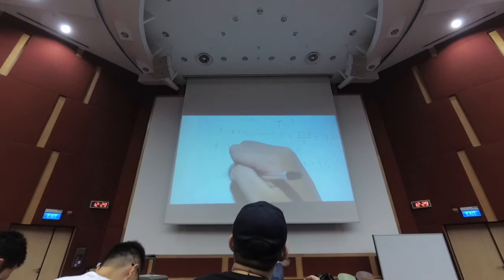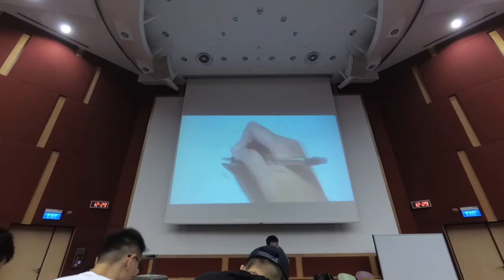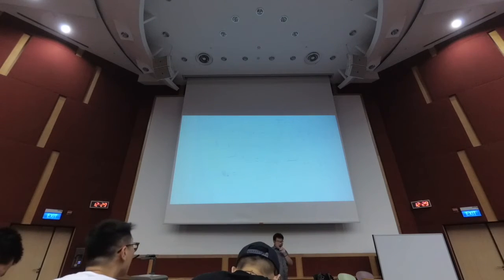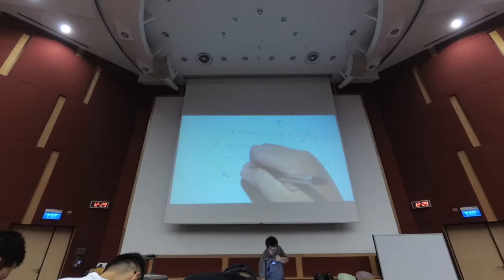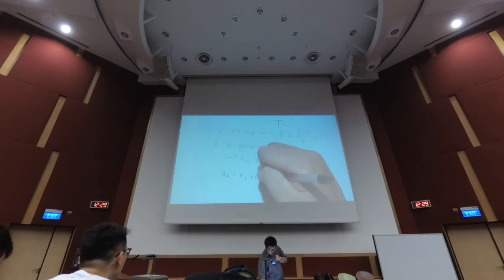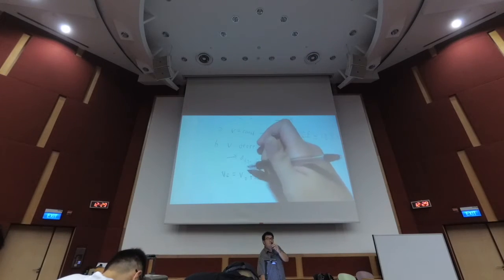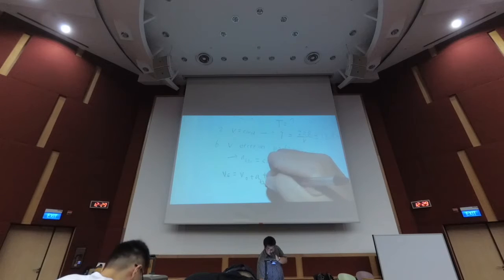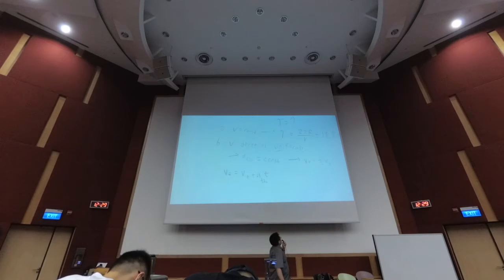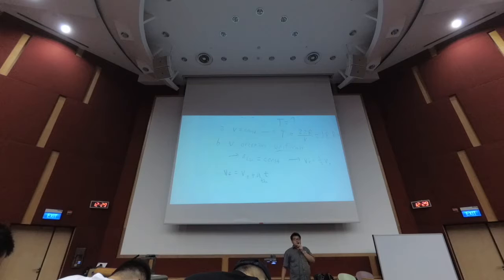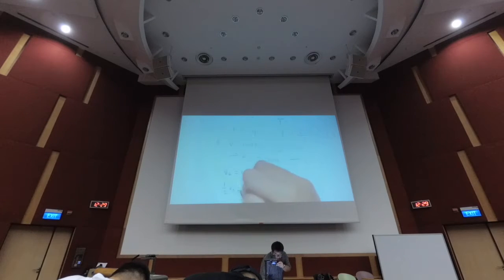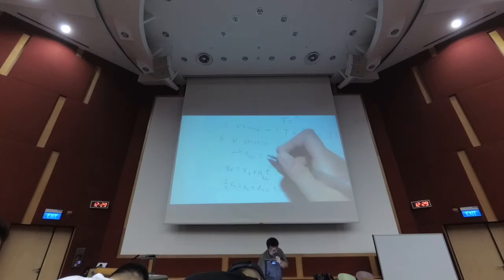This one, because our objective is to find time. We can first use Vf equals v0 plus a t. Remember, in this particular motion, the a refers only to tangential acceleration. Then we substitute Vf equals half v0, and we get this.